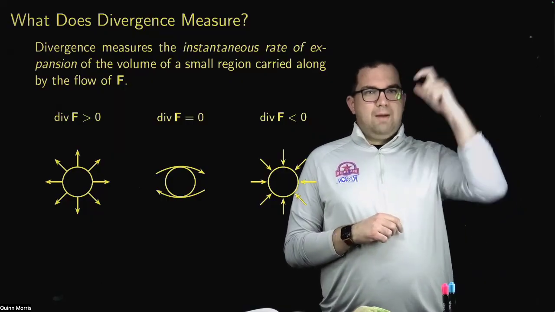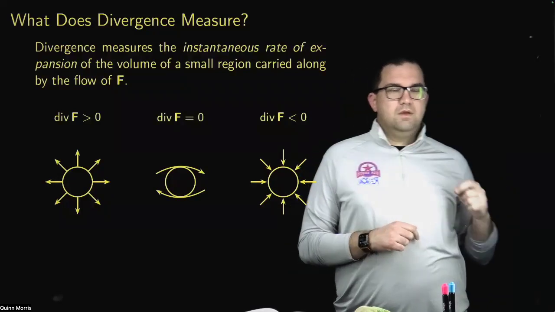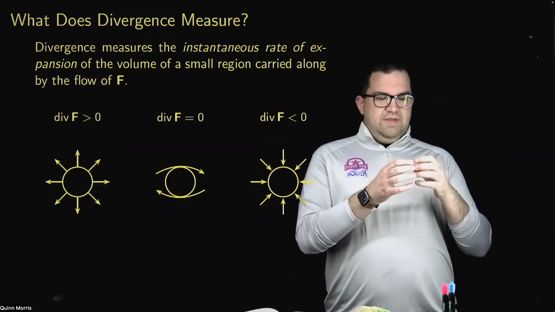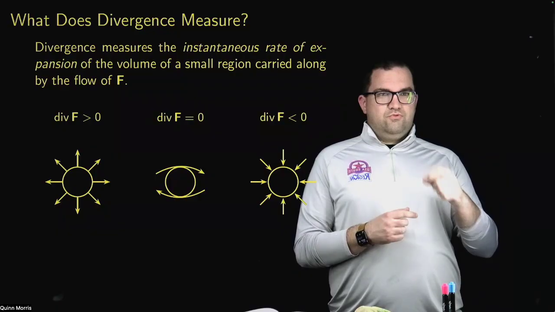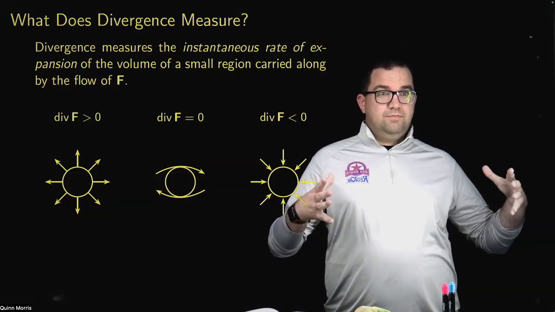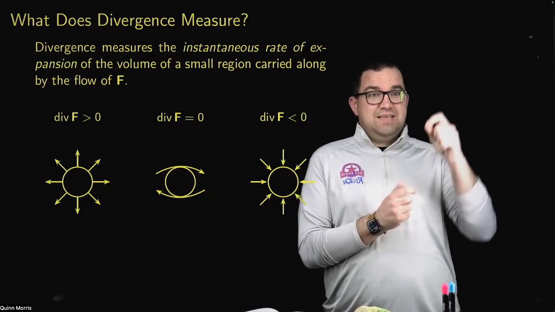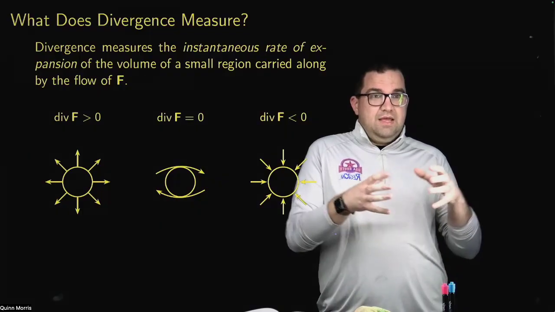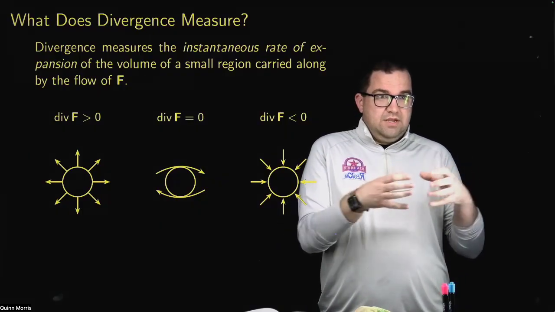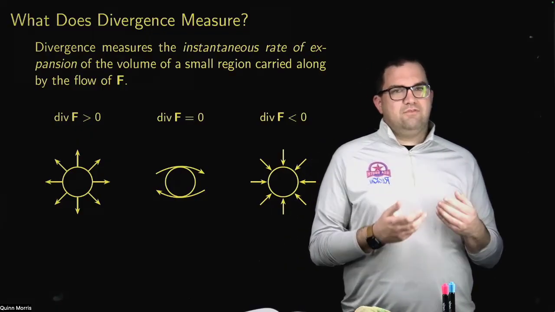And imagine you drop in a little drop of food coloring. You wonder, is the flow going to take that little drop, wherever I drop it, and expand it out? Or is it going to contract it? But instantaneously. Right at the second it hits the water, is it going to get blown up, or is it going to get compressed? And at what rate? That's really what divergence is measuring.